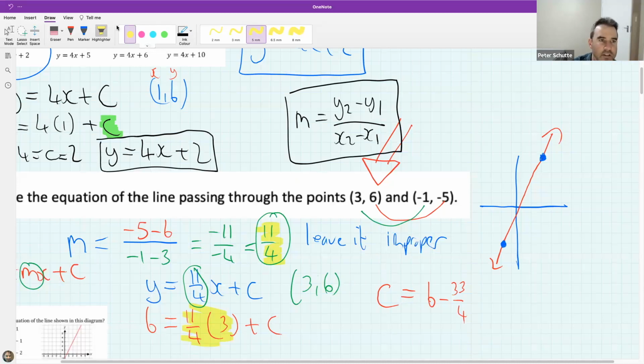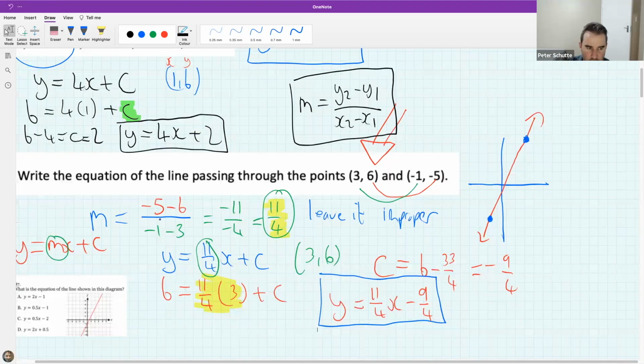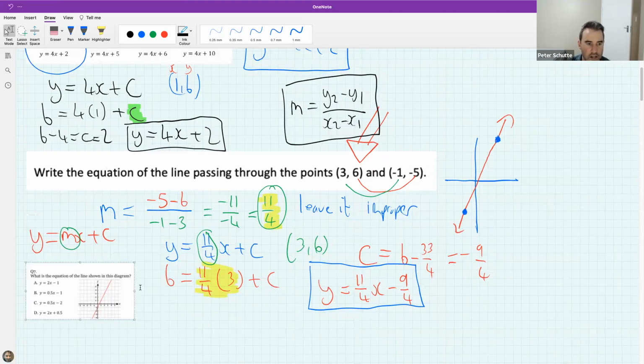I get minus 9/4. And so my final answer would be y equals 11/4 x minus 9/4, and I would leave it in improper form. And that's that. Okay, let us move on.